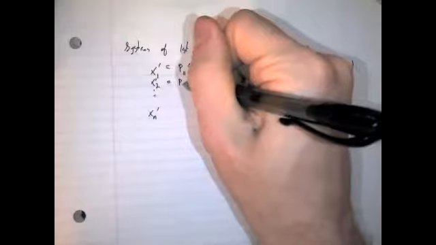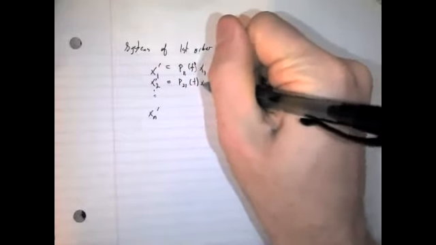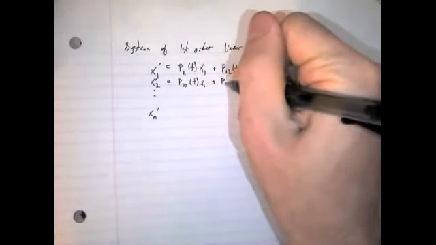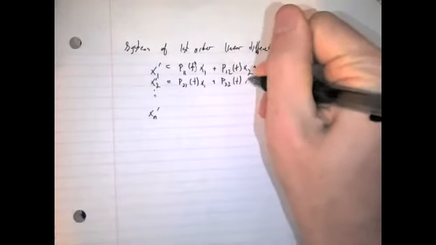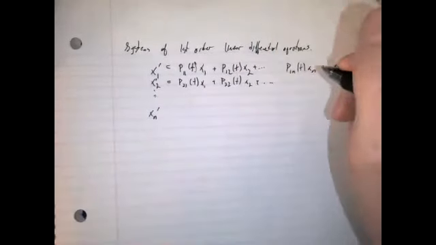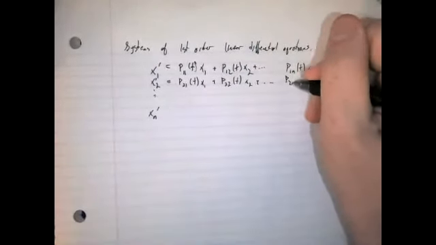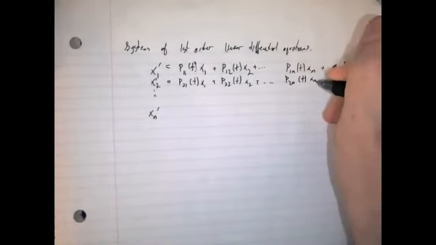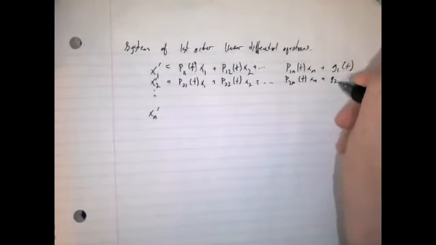And similarly, here, I'm going to have P21 of t times x1 plus P22 of t times x2 plus all the way up through P2n of t xn plus g2 of t.